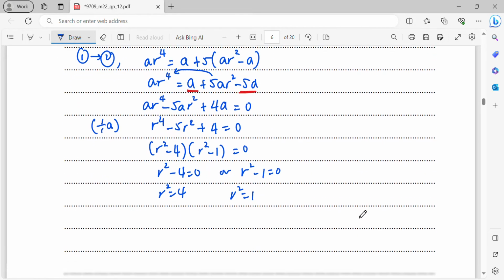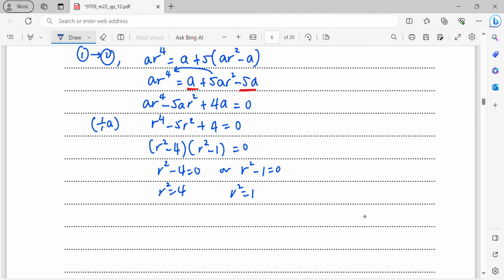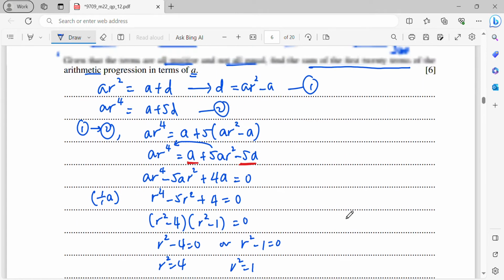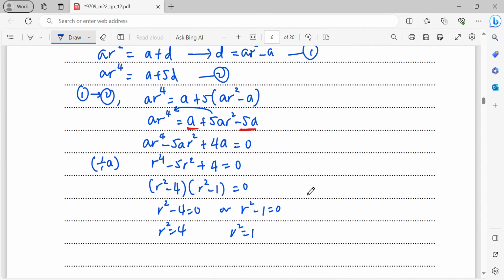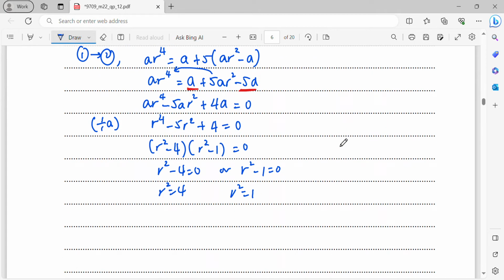So we know that for a geometric progression, if R squared equals 1 means that R equals 1, and you'll be getting the same number. Therefore, it's mentioned that all the terms are positive and not all are equal, so R squared equals 1 will not be accepted, because when R equals 1, all the terms will be the same.